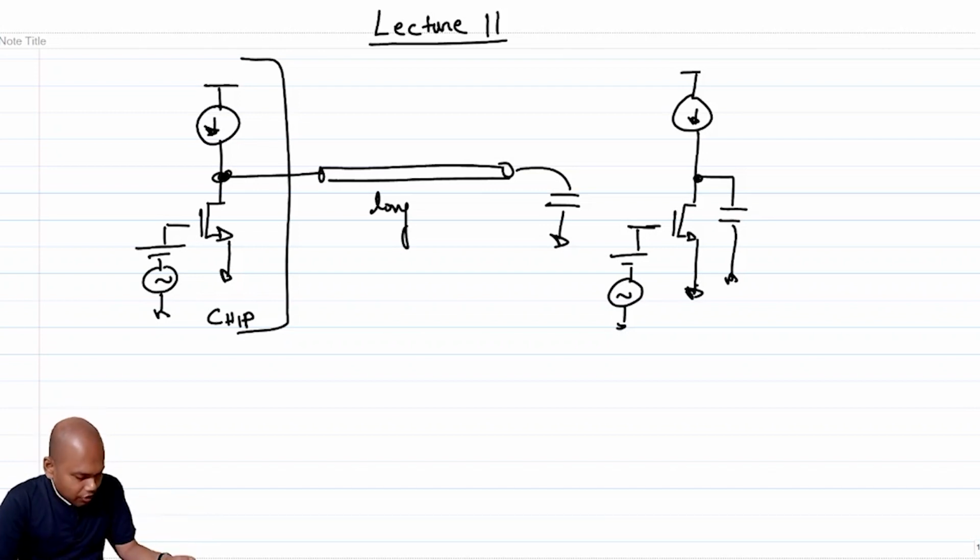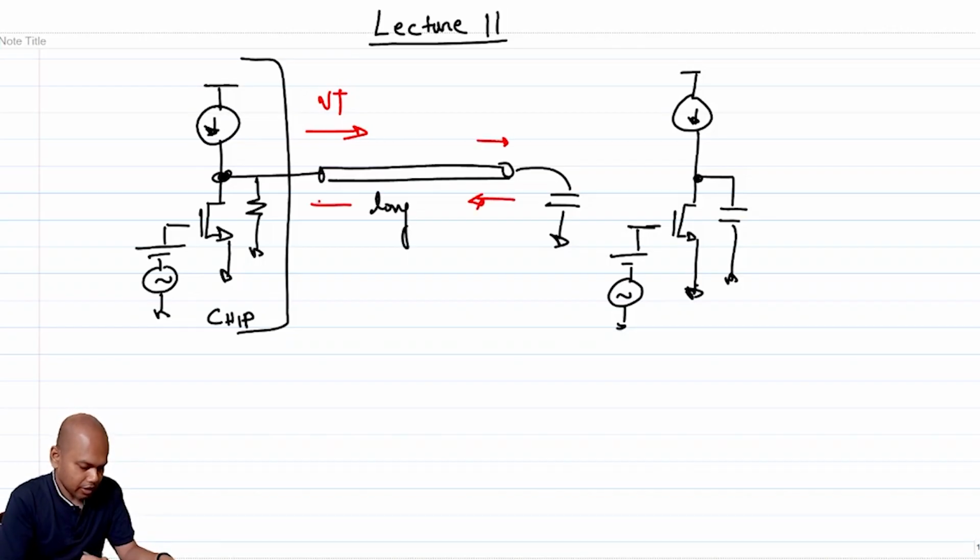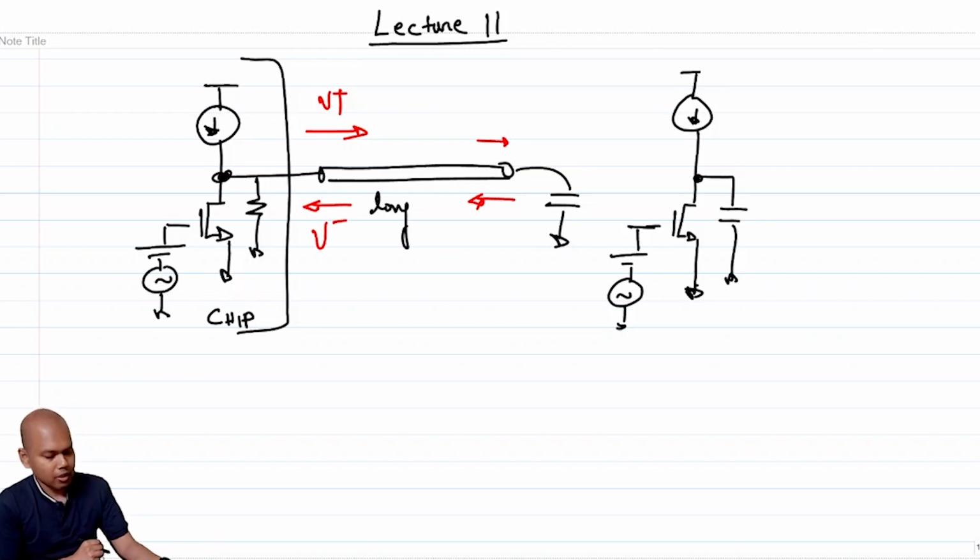So now, from whatever we understand, what do you think can happen? Given a certain frequency, there will also be some parasitic resistance. You will have a forward going wave, which will hit the end and come back as a reflected wave.